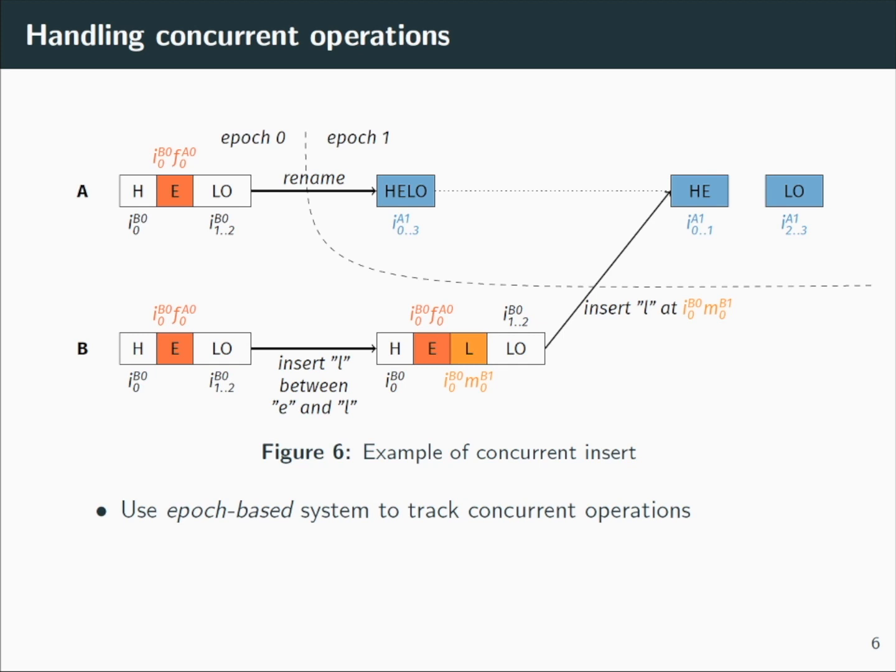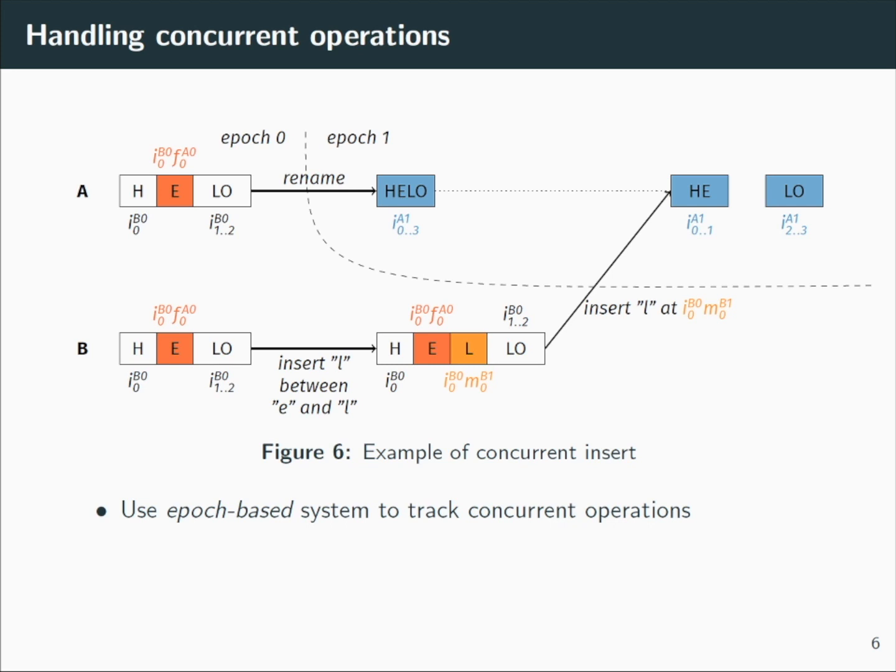First thing we have to do is to detect this concurrent operation. To do so, we use an epoch-based system. Basically, the sequence starts at epoch 0. Each time a rename operation is applied, the sequence moves on to the next epoch, and all operations are tagged using their origin epoch.